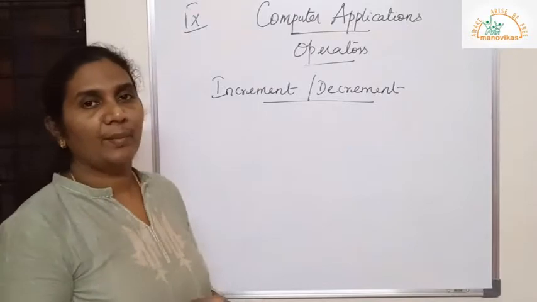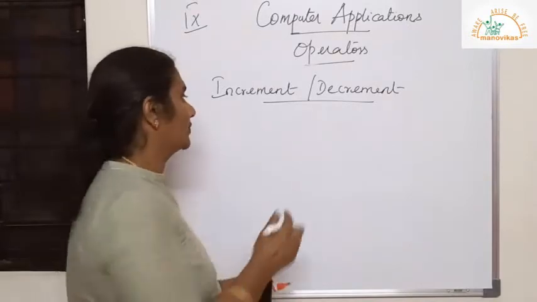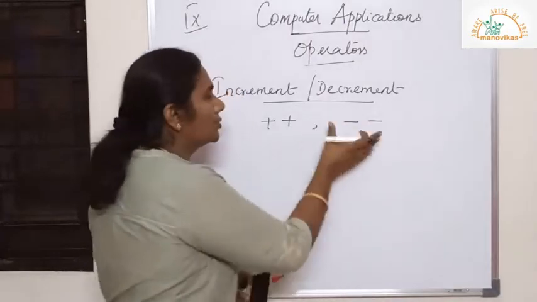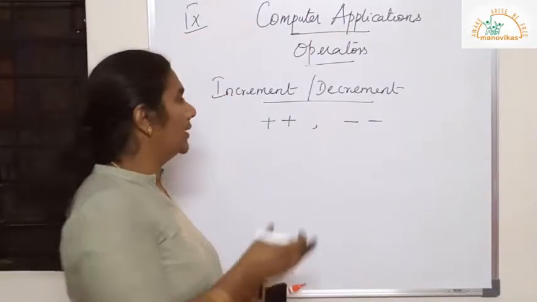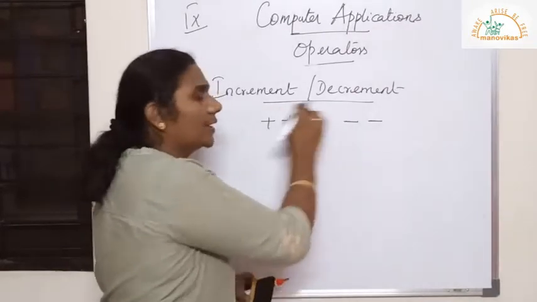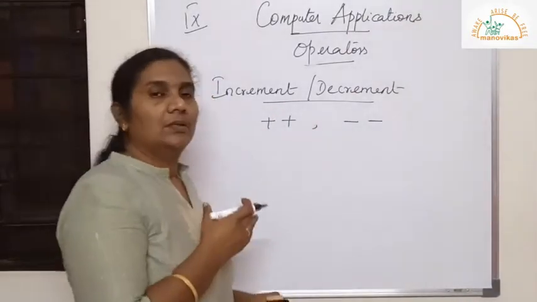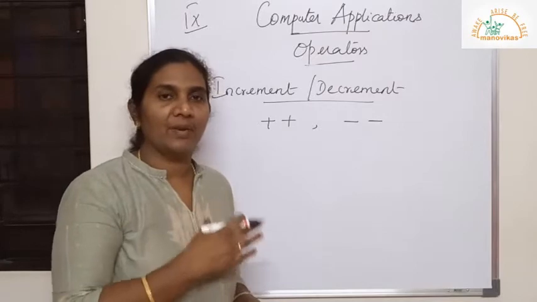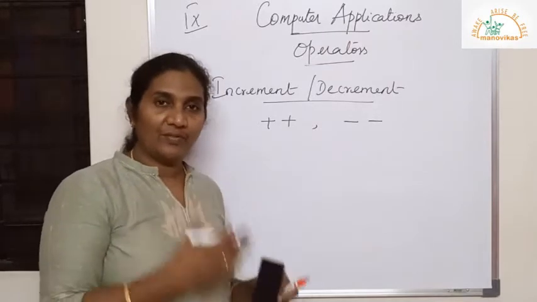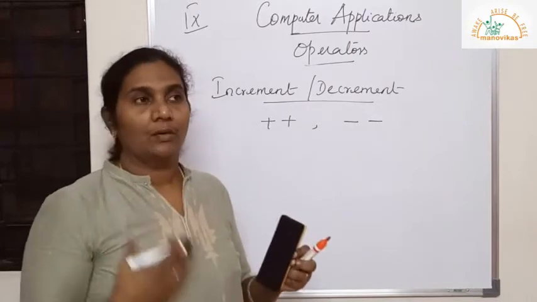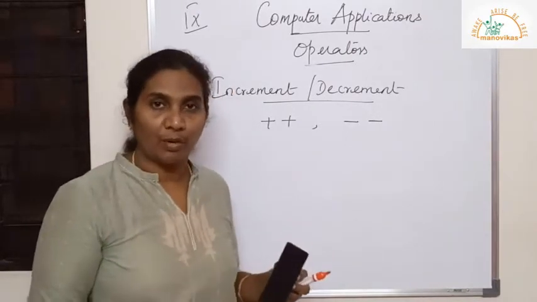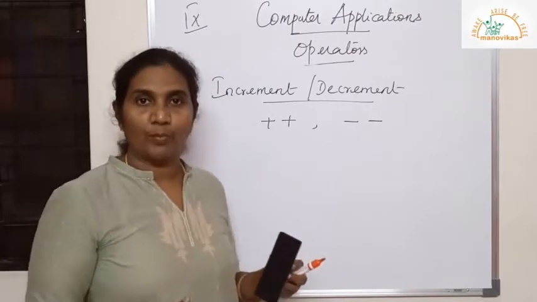Next is increment decrement operators. These are the two increment decrement operators. This is the increment operator and this is the decrement operator. You have learned this increment and decrement operator last year in detail, and you have solved questions based on increment decrement operators, like finding the output questions.